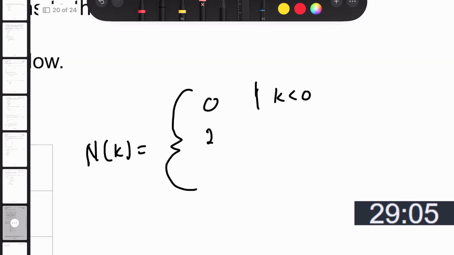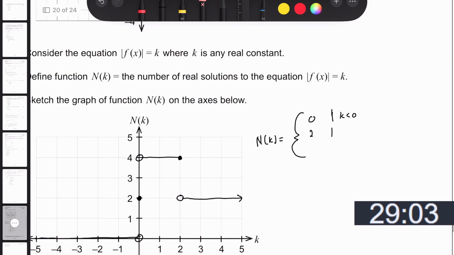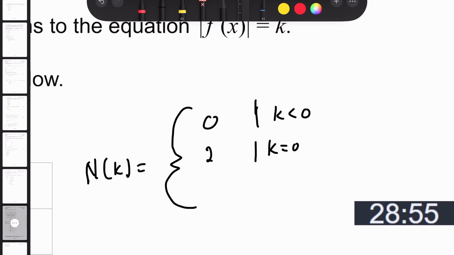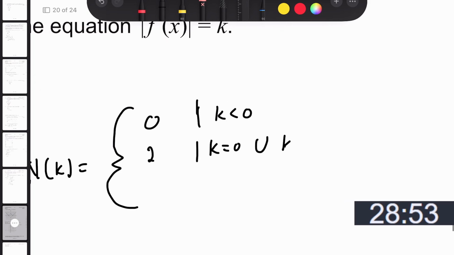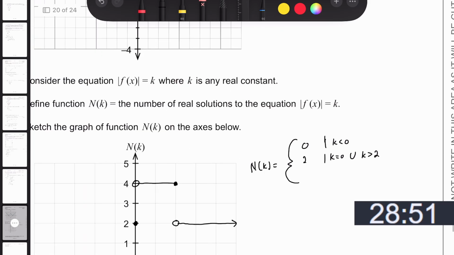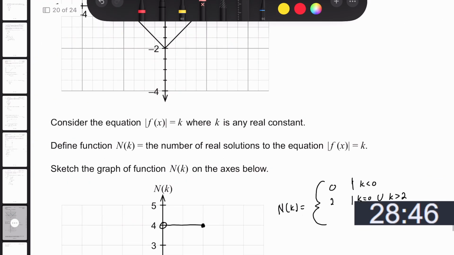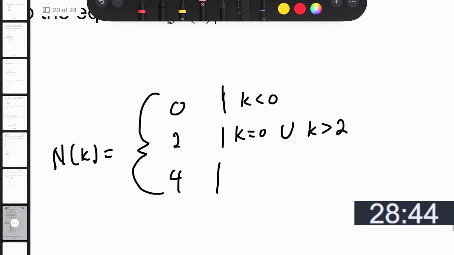It's going to be 2, given that k is equal to 0, or k is greater than 2, and it'll be 4, given that 0 is less than k, which is less than or equal to 2.